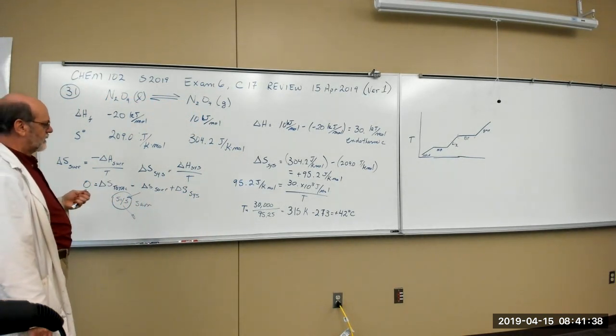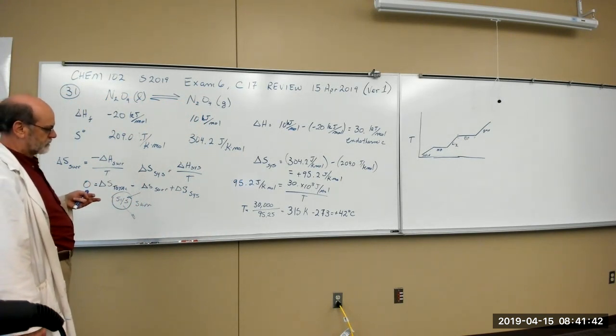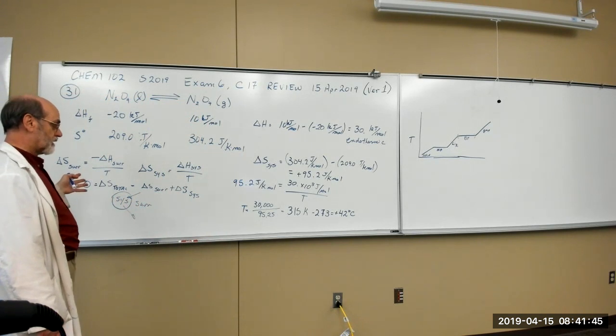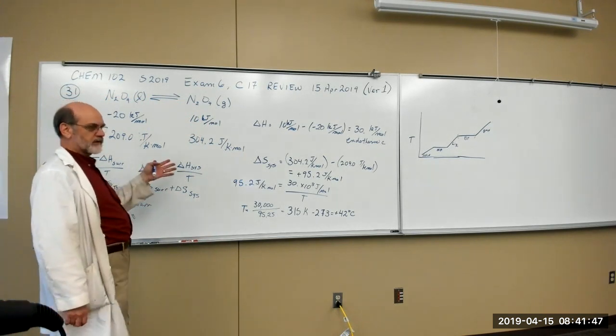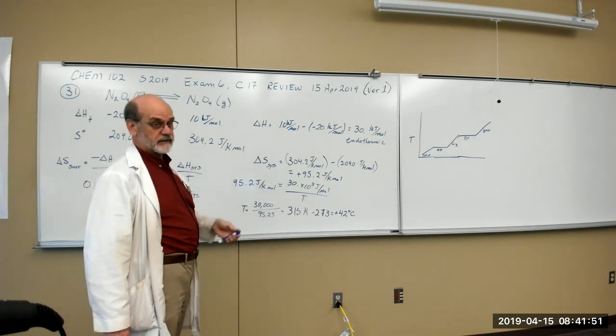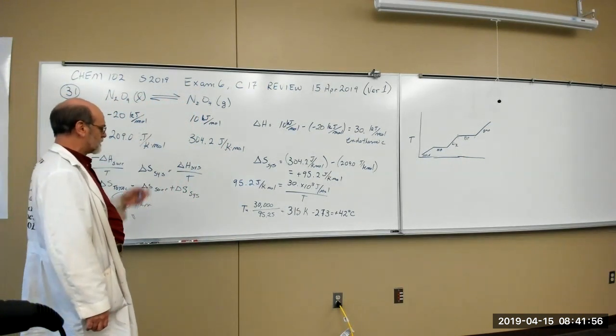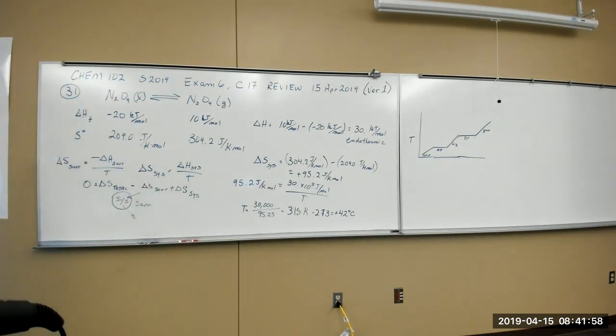In fact, we need the temperature to calculate delta G. If we knew delta G, then we could input it into delta G equals delta H minus T delta S and find out what T is. But this is the most efficient way. In fact, I don't know of another way. So above 42 degrees Celsius, the vaporization of N2O4 liquid is spontaneous.